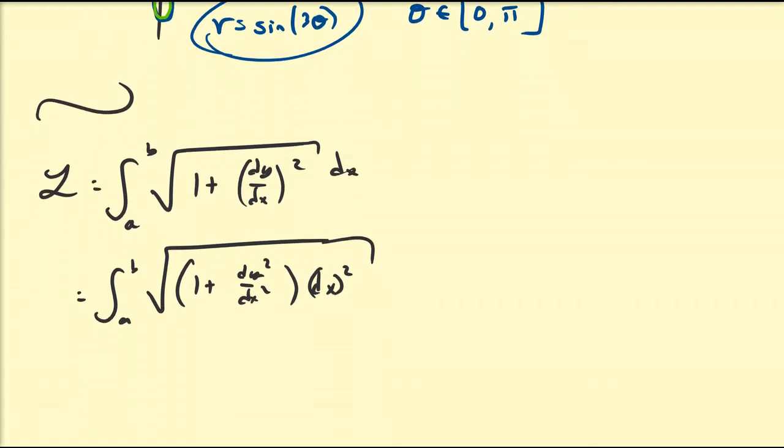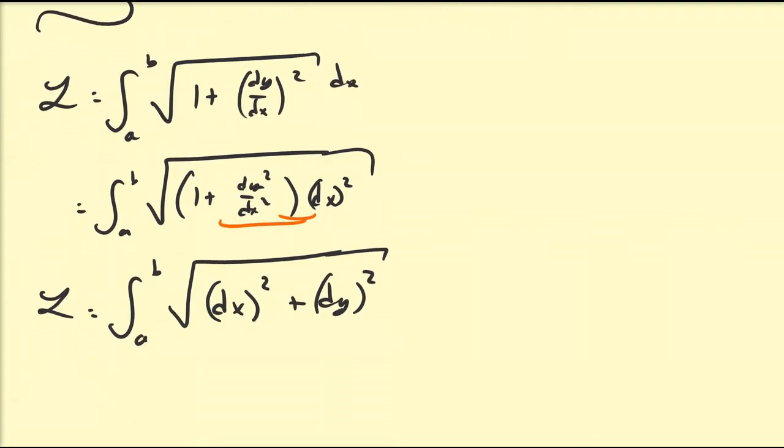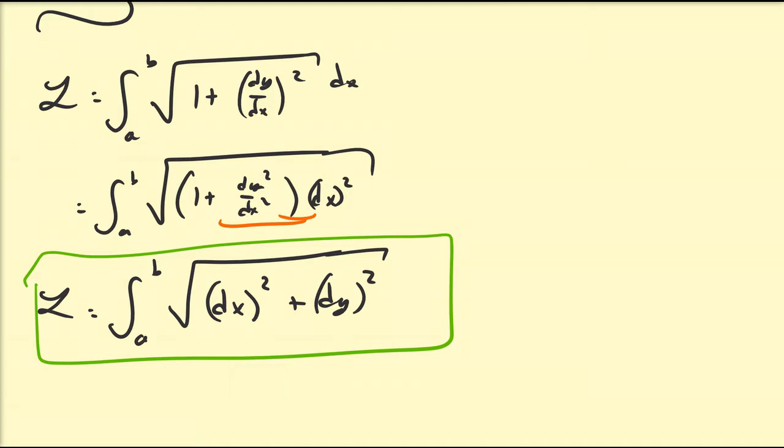And we can distribute the square differential inside, and we get another alternative representation for the arc length in Cartesian terms, such as the square root of these two differentials, which of course reflect the Pythagorean theorem, which pretty much lies in the main derivation of where this formula comes from, right?